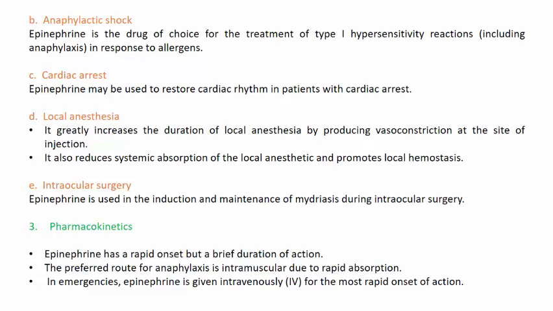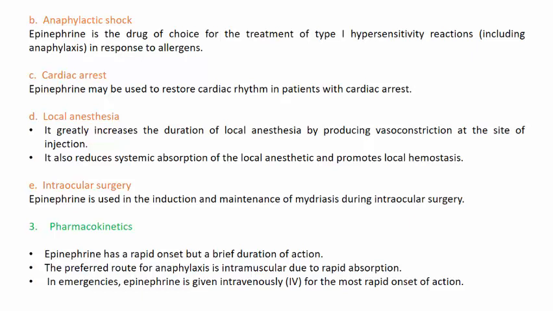We mentioned a little while ago that it has a cardiovascular effect or action, and one of the therapeutic uses is in case of local anesthesia. In this case, local anesthetic solution may contain a low concentration of epinephrine. The importance of including a low concentration of epinephrine is that it greatly increases the duration of local anesthesia by producing vasoconstriction at the site of injection.